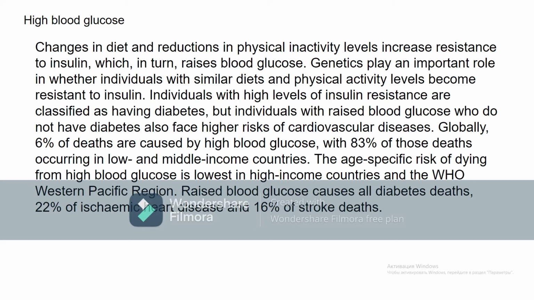But in the case of physical education, we should know and take some precautions: we have two ways to prevent the harmful influence of high blood glucose on our organism.